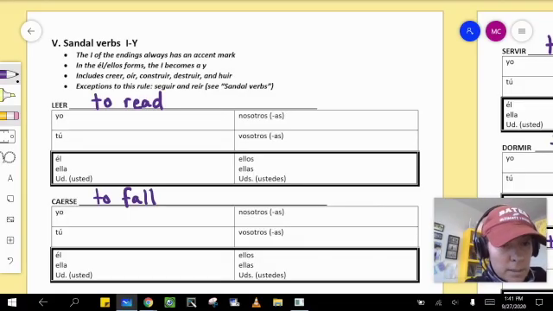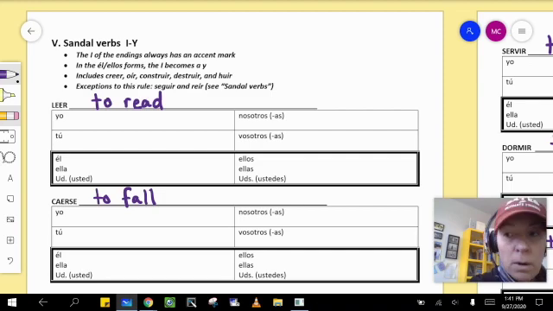Okay, what we're going to do, and this is what I recommend, I want you to go ahead and conjugate each of these verbs as if they're regular ER verbs or regular IR verbs. If you're writing these verbs, you may want to use a pencil because you are going to go back and make some corrections or changes to them.